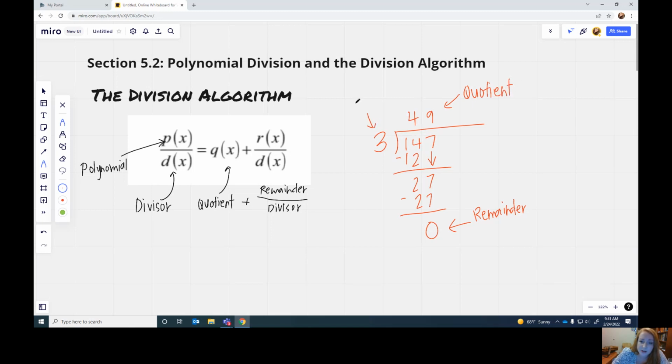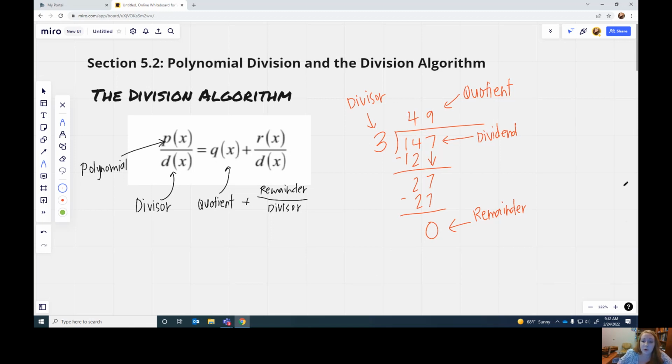This number is called the divisor. The number under the division symbol is called the dividend. Just a little reminder of some of those vocabulary words that it may be a while since you've used.